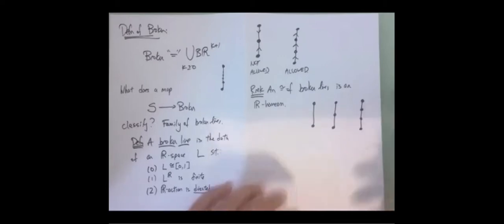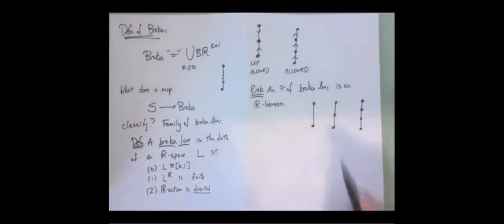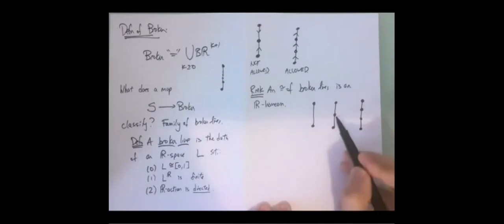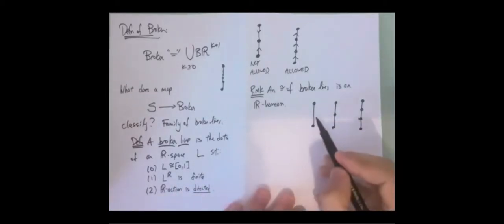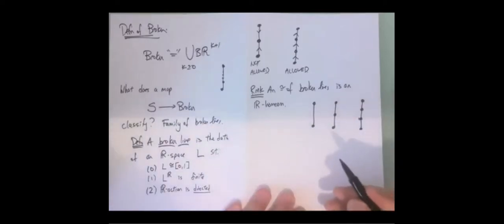There's one for every non-negative integer. Here's a broken line with no interior fixed points, one with 1 interior fixed point, one with 2 interior fixed points. So the number of objects is countable up to isomorphism. And what are the automorphisms?